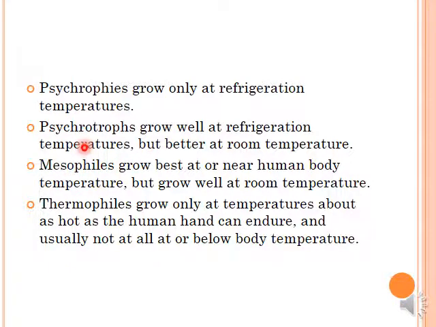Mesophiles grow best at or near human body temperature, but also grow well at room temperature. Thermophiles grow at temperatures as hot as the human hand can endure, but not below body temperature.